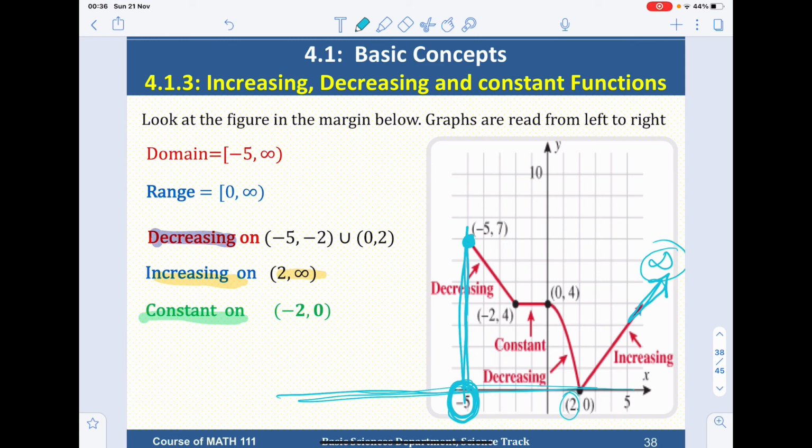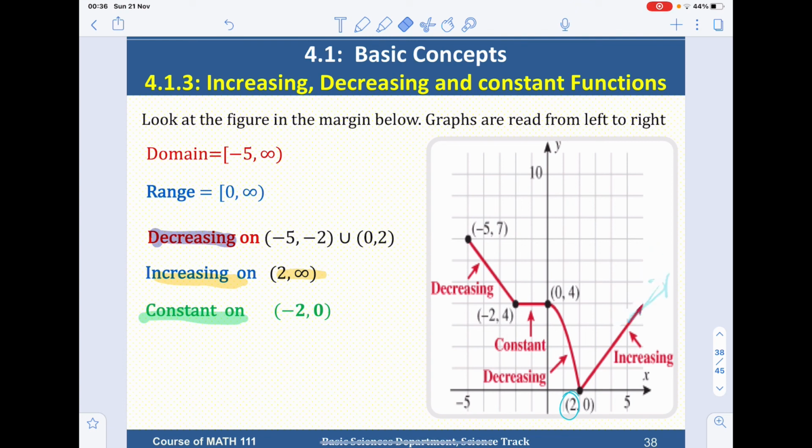Now let's check the range. We said already that the range is the y component, so we can look at the y-axis. Here it is continuous, so it can take all the values in y, but from the bottom we don't have any graph, so it starts exactly at this point, where the value of y is 0.